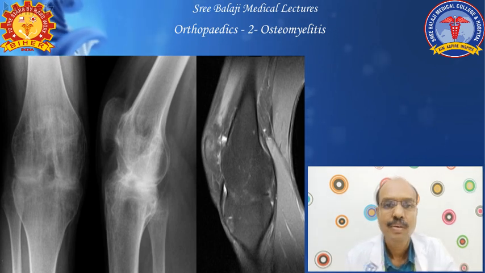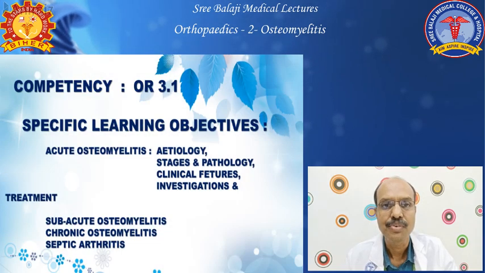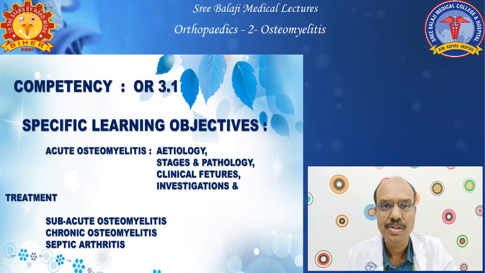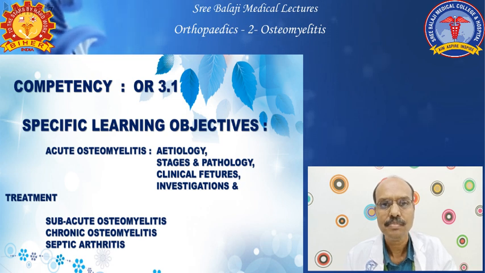In summary, what we have seen in this lecture is the types of osteomyelitis, that is, acute and chronic, based on the duration of the symptoms. The most common organism causing osteomyelitis is Staph aureus, and hematogenous spread is the most common route.